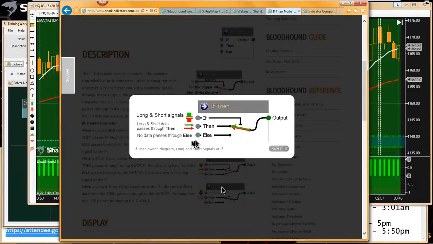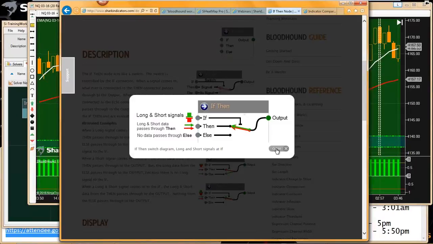And then, of course, the last combination: if you get a long and a short signal coming into the if, then both switches are going to be passing through the long and short from then to the output.